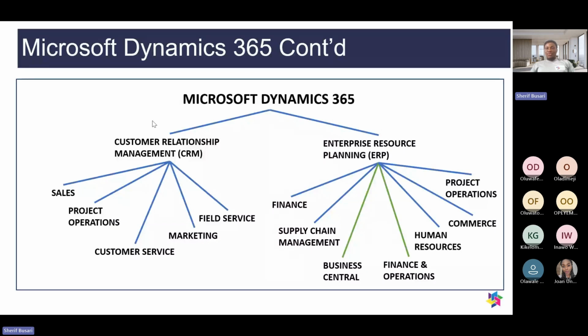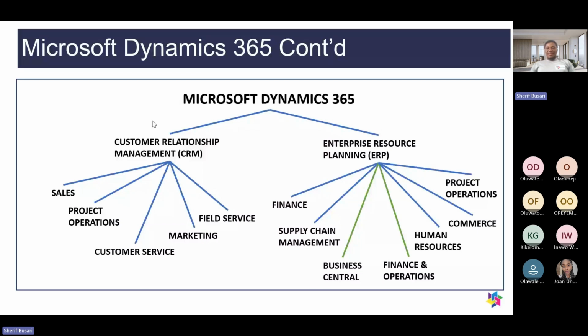Business Central is also called BC, and Finance and Operations is called F&O. Business Central is an application on its own, which is an ERP system, and Finance and Operations is also an ERP system on its own.